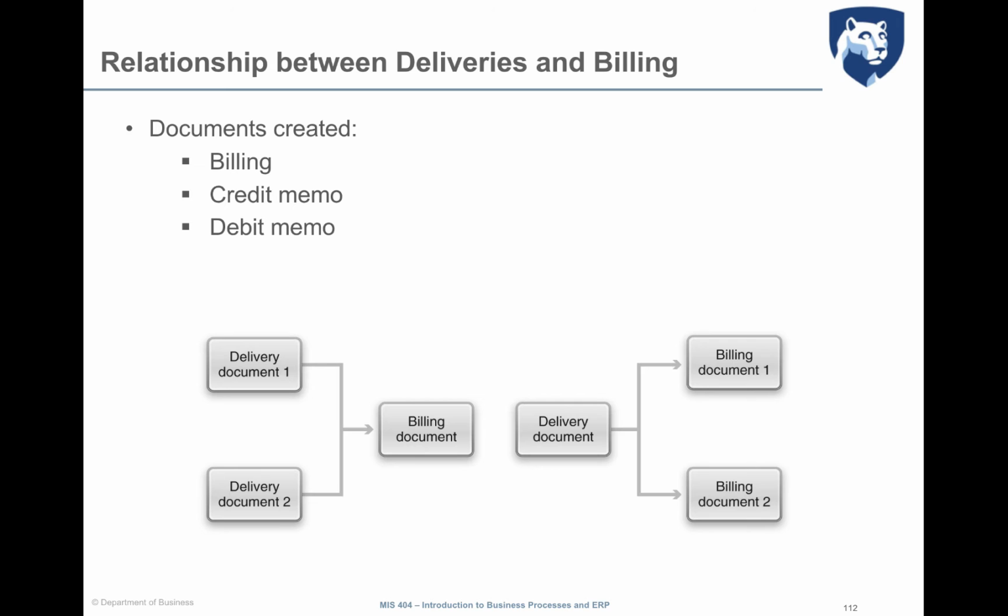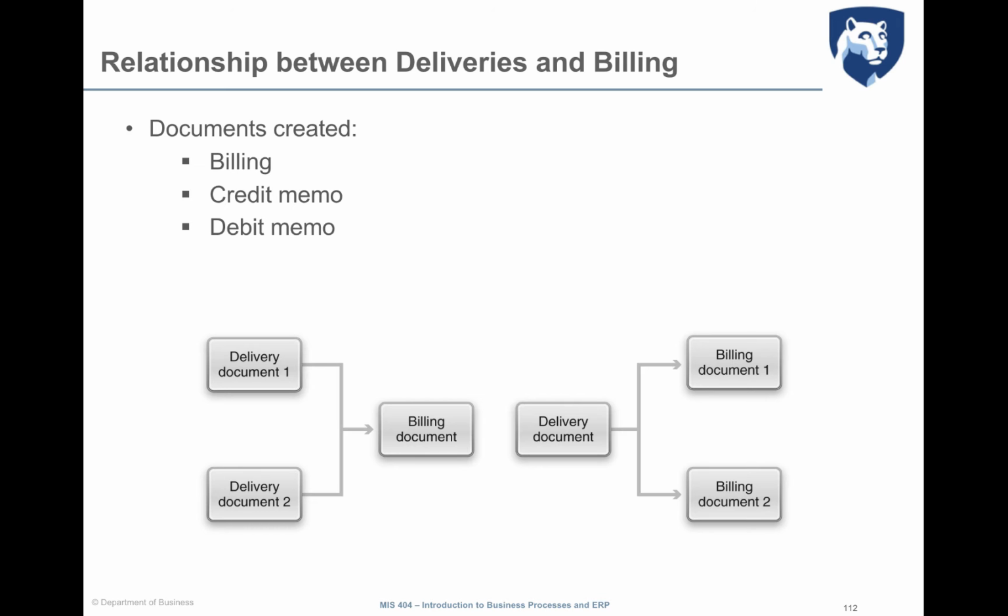I just want to spend some time saying that there are other billing documents that are created by this process, like credit and debit memos. A credit memo is a refund that the company issues if the customer returns the materials or if the initial invoice overcharged the customer.